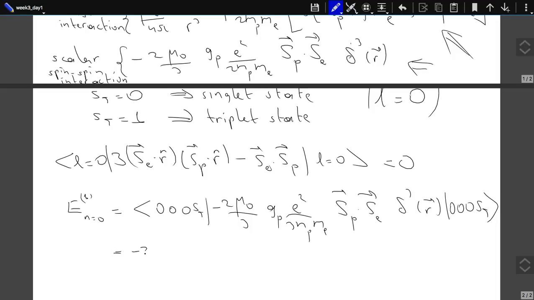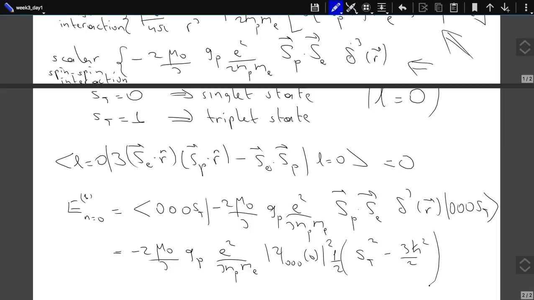And this will be minus 2 mu 0 over 3. We got all these constants. And we have the wave function at origin squared. That is because of the Dirac delta. And the product of the spins will be 1 over 2 S total squared minus 3 over 2 H bar squared.